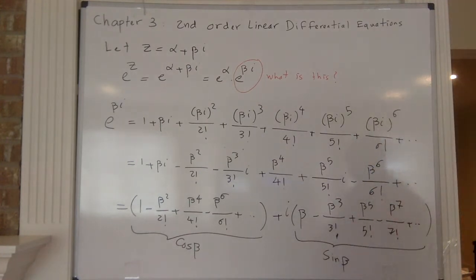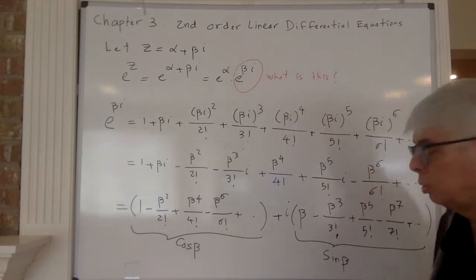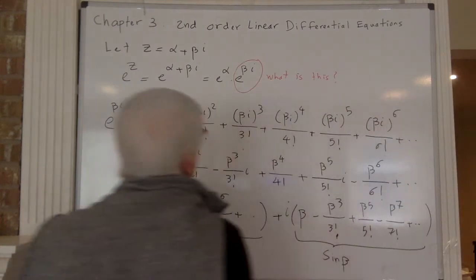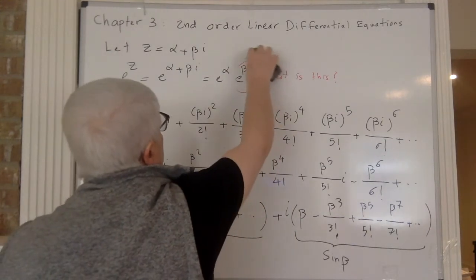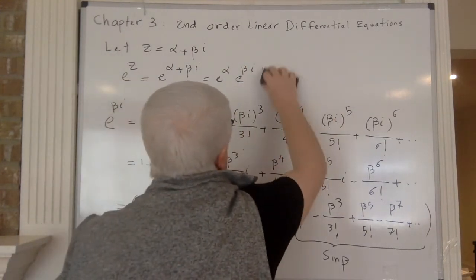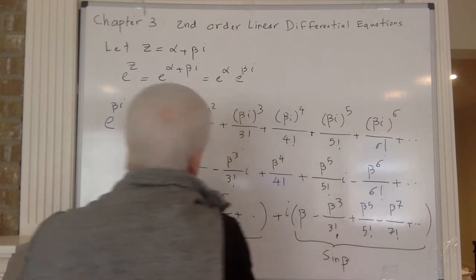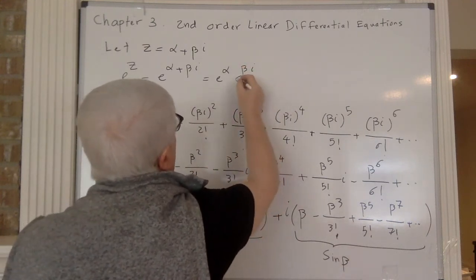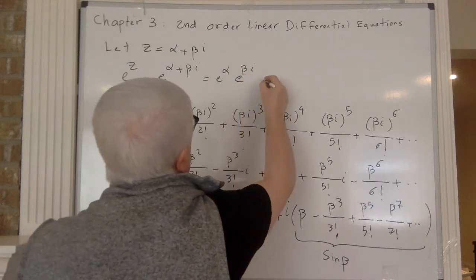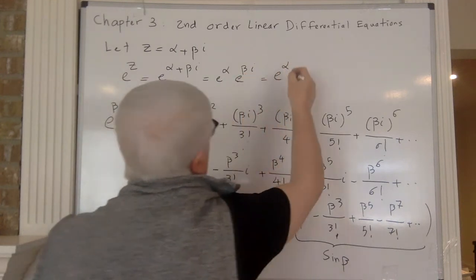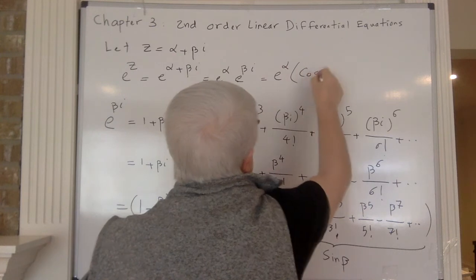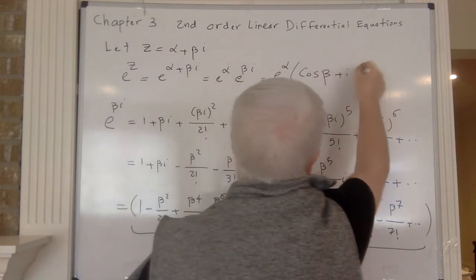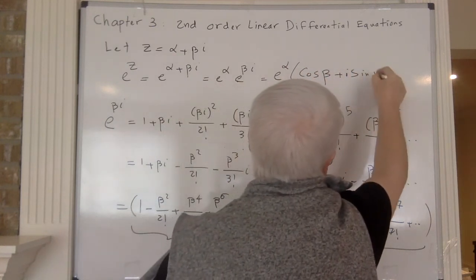Okay, so what did I find? I just found a nice formula for this. So let's go back here. I found, amazing, nice. Okay, so this is e to the power alpha times cosine beta plus i sine beta.